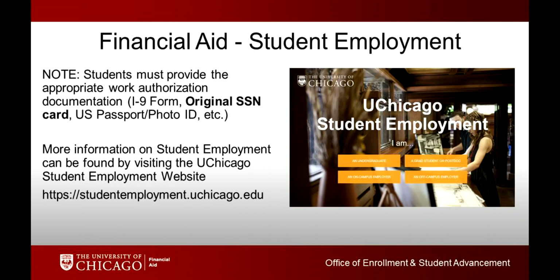So when you are going to be a student employee, keep in mind you might need to provide some kind of documentation. Namely, you'll be filling out a W-4 for withholding, but you'll also need appropriate work authorization documents, I-9, an original Social Security card. That is very much worth highlighting.